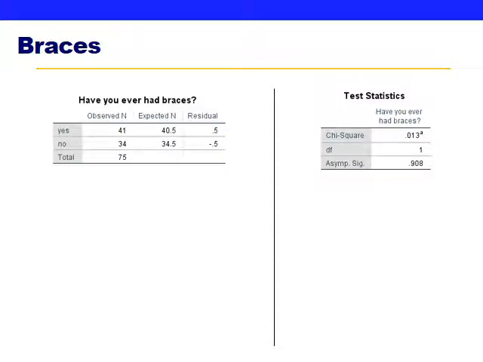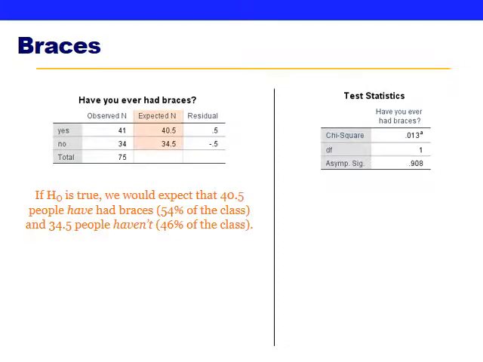Here are our results. And as we saw before, the table on the left gives us the observed and expected values for each category. The table on the right gives us the results of the chi-square test itself. First, we are again going to look at our expected values for each category.